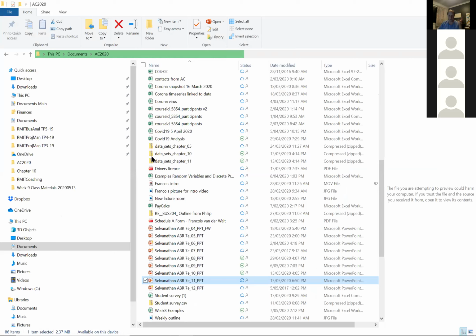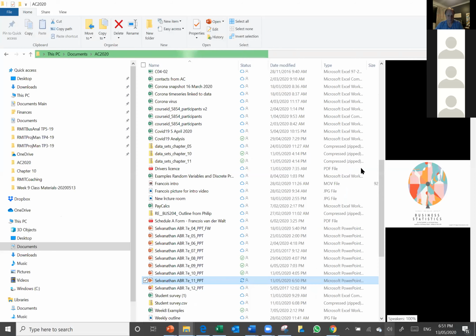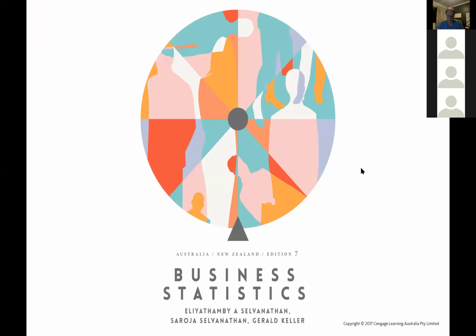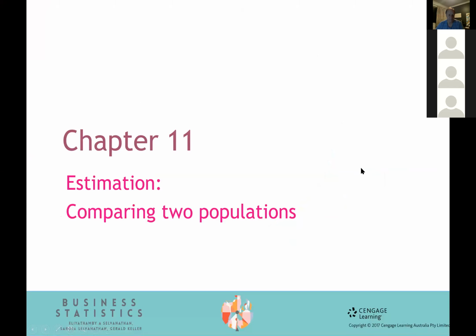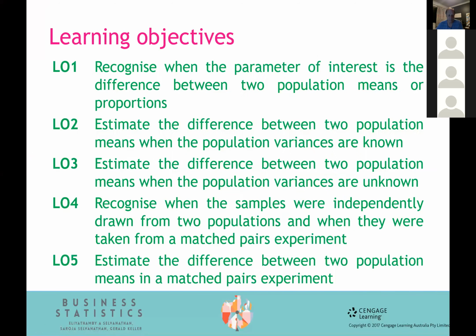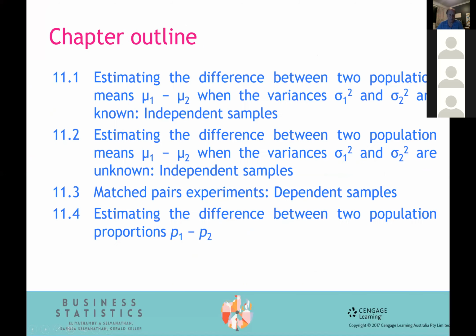You want to draw a sample from each of the populations, and then you want to do a point estimation. What kind of point estimation do we always do? The mean. We only worry about the mean, the average. And then we want to do that for each of the populations, and then we want to do an estimation of the difference between the means.